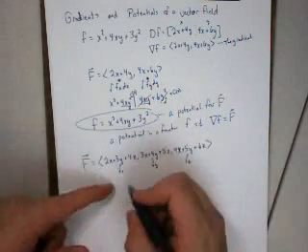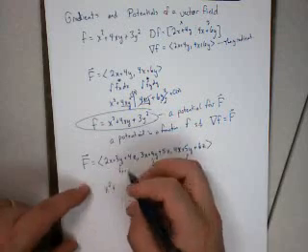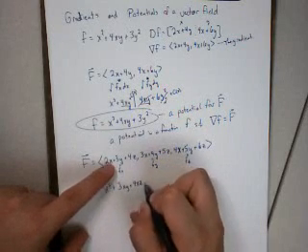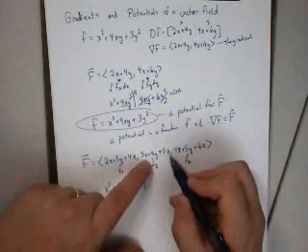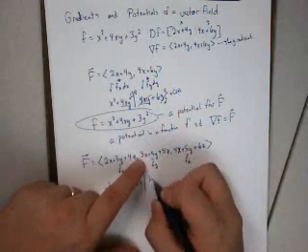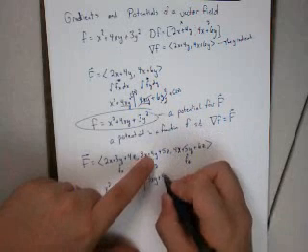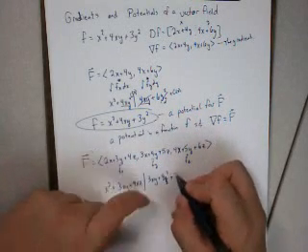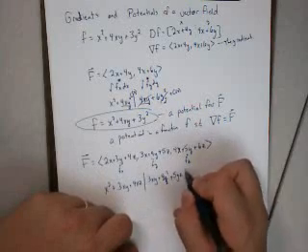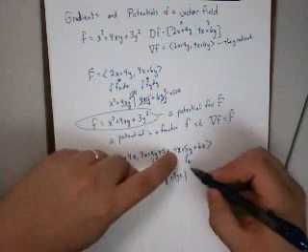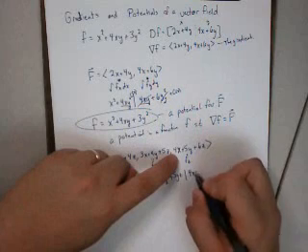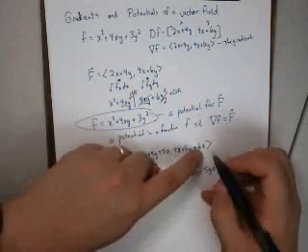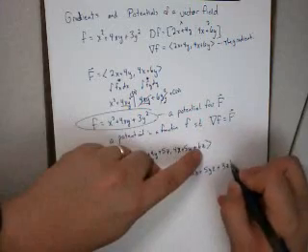So I'm going to integrate this with respect to x, giving me x squared plus 3xy plus 4xz. This one I'm going to integrate with respect to y, giving me 3xy plus 4y squared over 2 plus 5yz. This one I'm going to integrate with respect to z, giving me 4xz plus 5yz plus 6z squared over 2, or 3z squared.